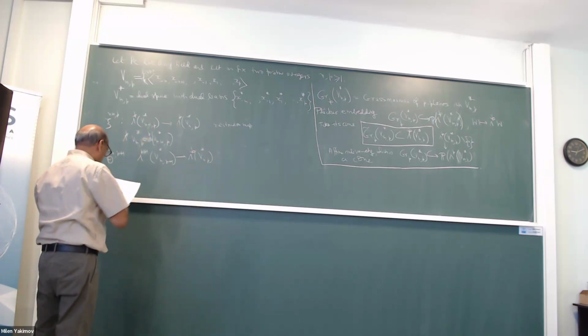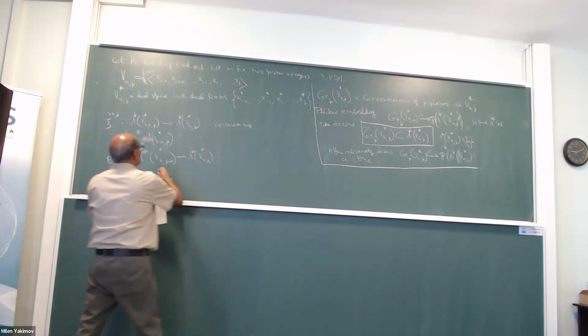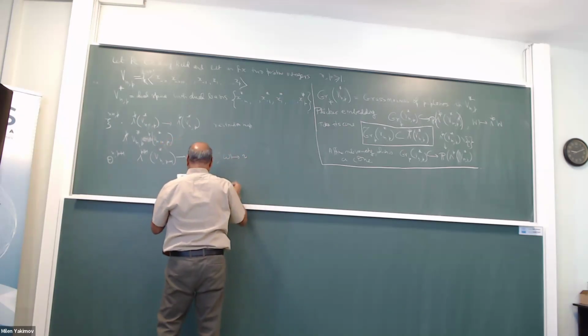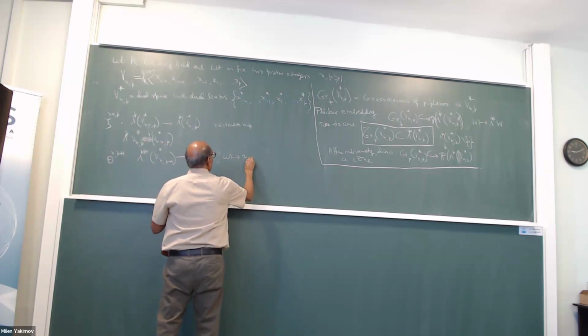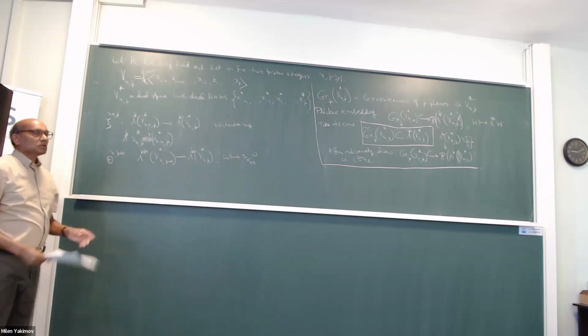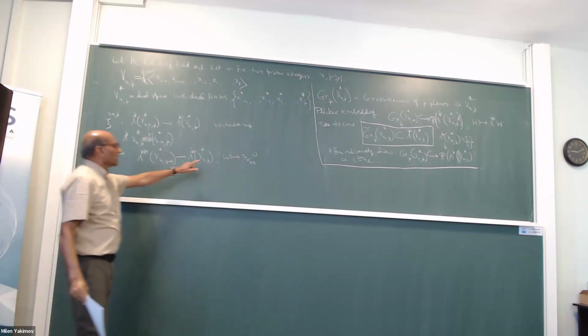And this is right. So this takes any form omega to I_{x_{p+1}} omega. So I'm just contracting omega.